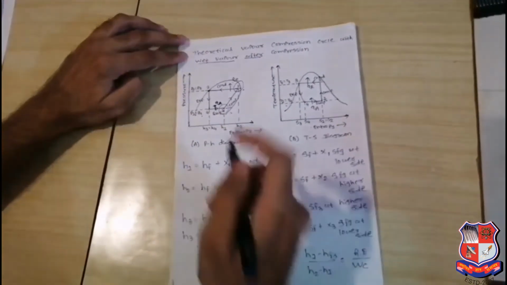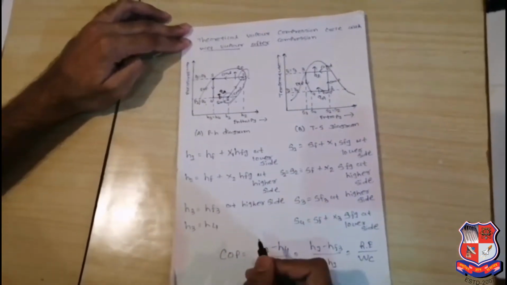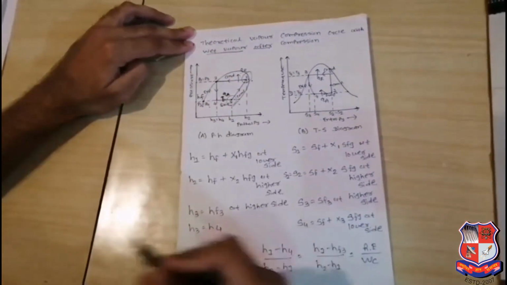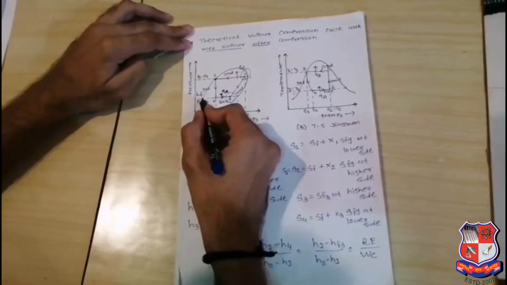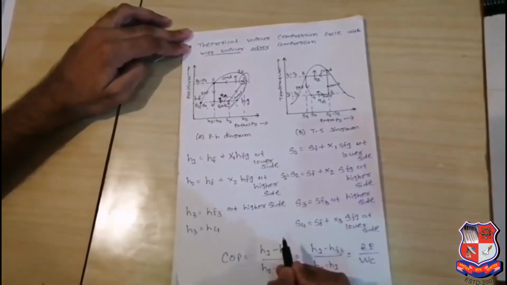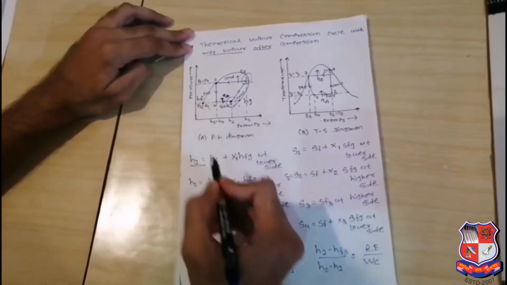Similarly, we now determine the enthalpy of the first point. As I told you in the previous case, Hf is the enthalpy of the liquid, and Hg is the enthalpy of the vapor. We require H1, which is in the wet region. How do we determine the enthalpy of the wet region?